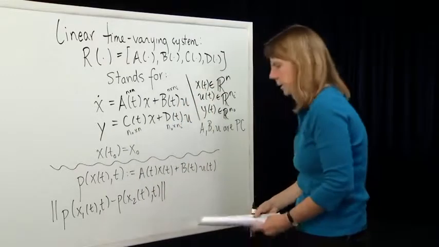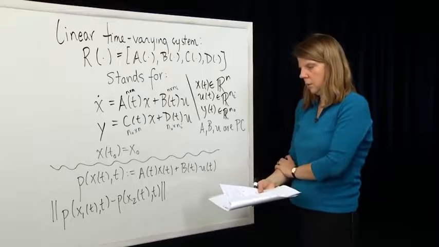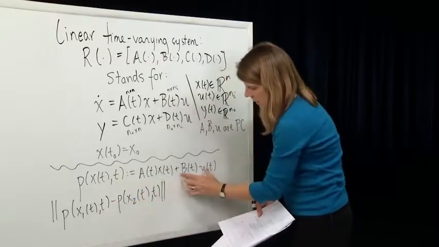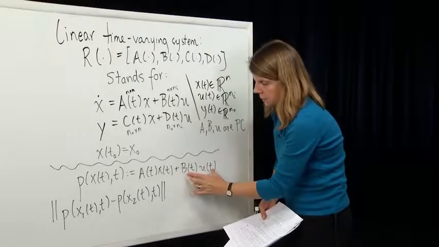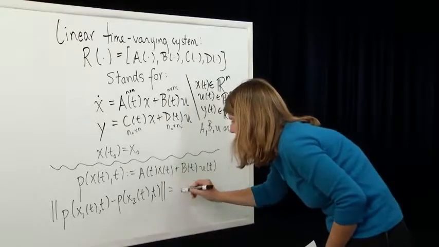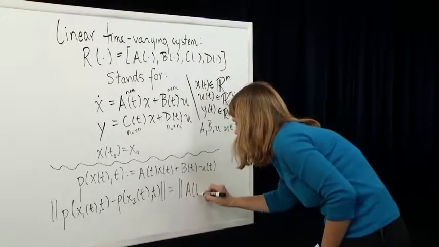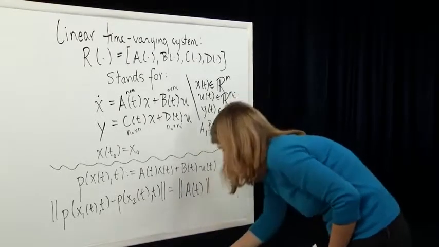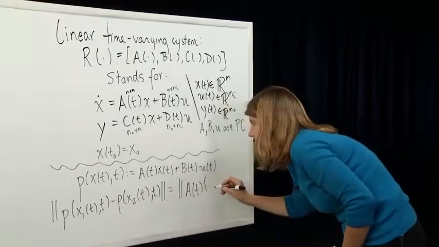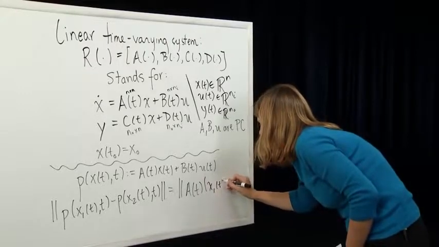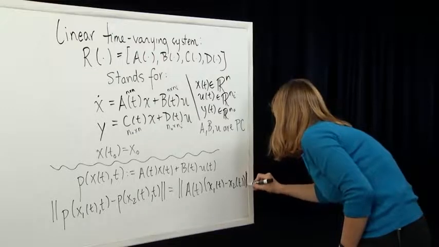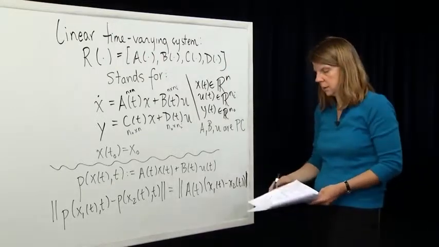For a fixed u, when we take that difference, the term that depends on u cancels, and what we end up with is A of t times x1 minus x2, and I've taken the norm of both sides.